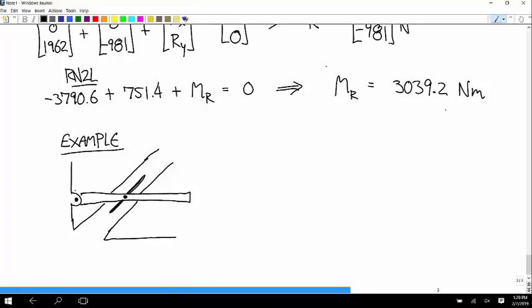And the angle of the slot with the horizontal is 45 degrees.